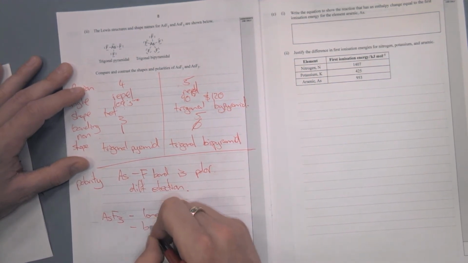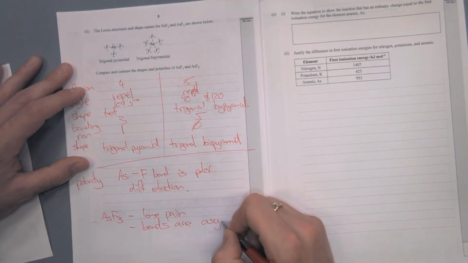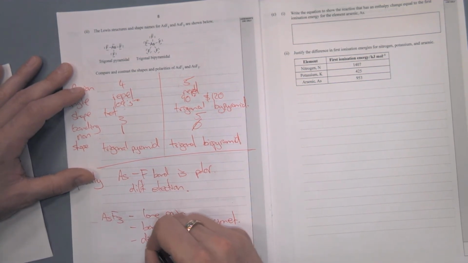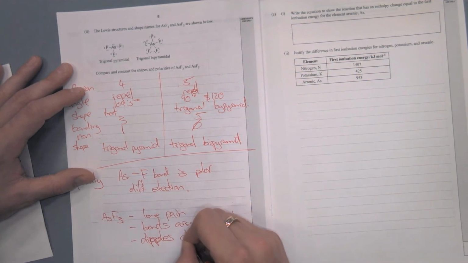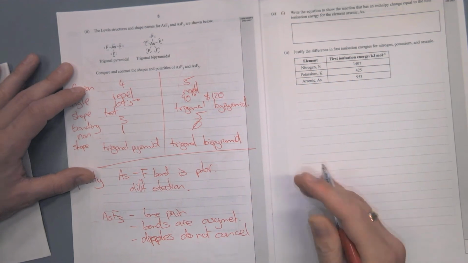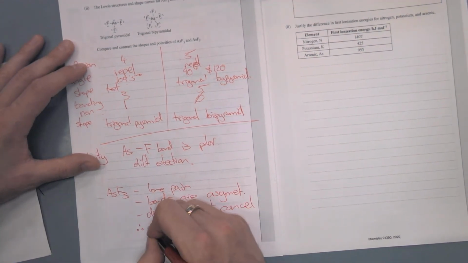Therefore, bonds are asymmetrical. Therefore, dipoles don't cancel. Therefore, the molecule is polar.